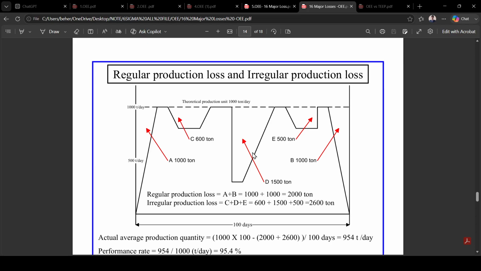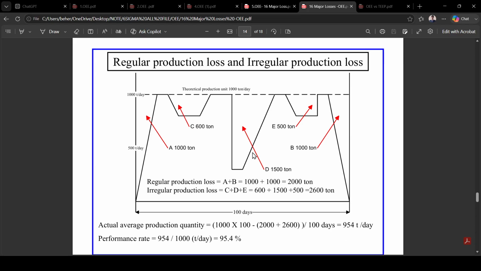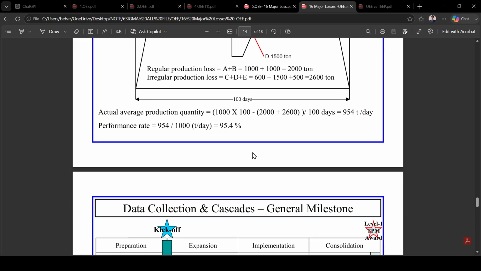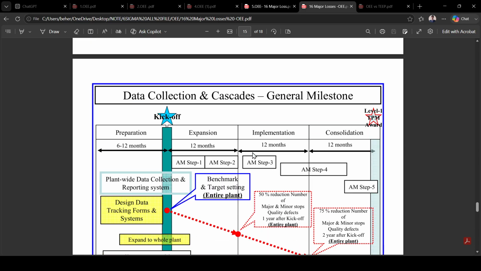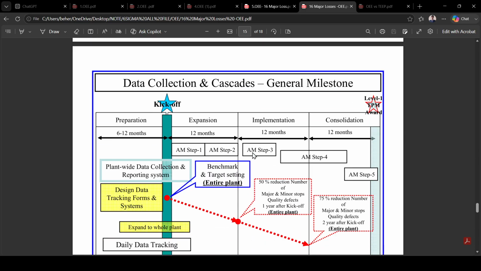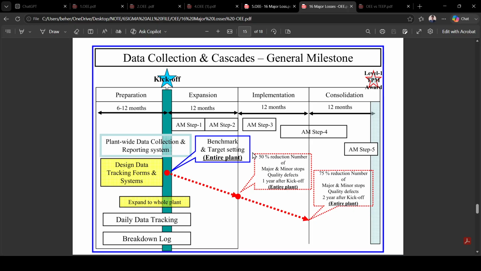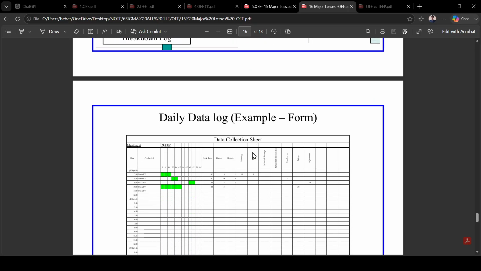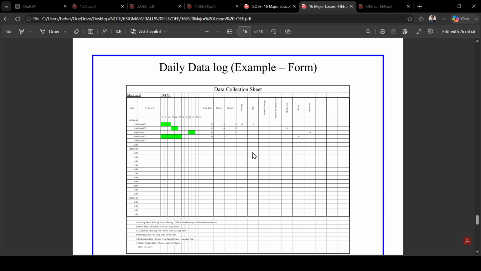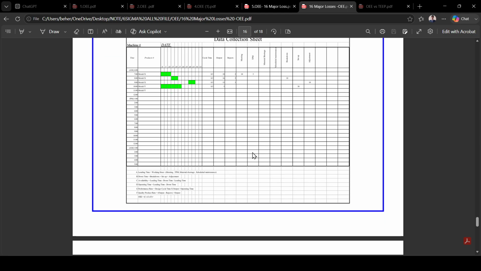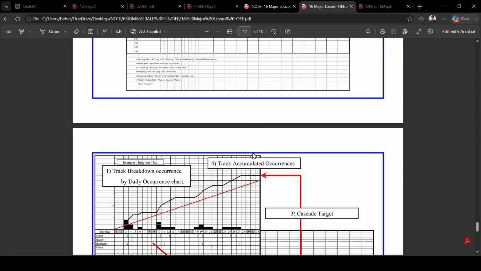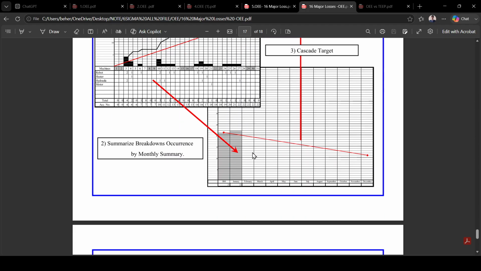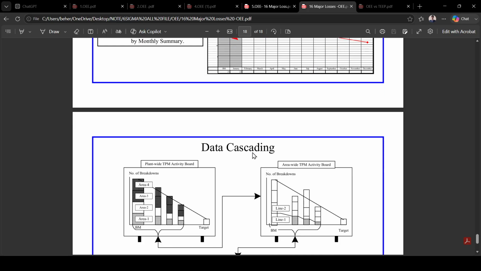Regular production losses or irregular production losses. Data collection and cascades, general milestones. Daily data log example. Data cascading.